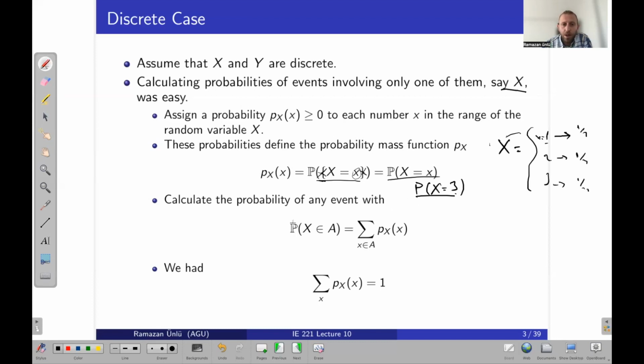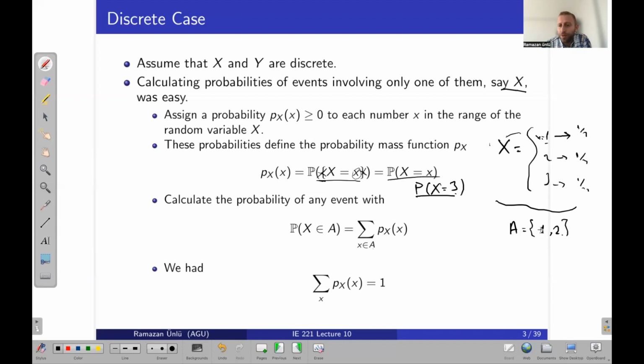Also, we can calculate the probability of any event A as the sum of p of x over all x in A. What does that mean? Let's say for this example the event A has two elements, 1 and 2.